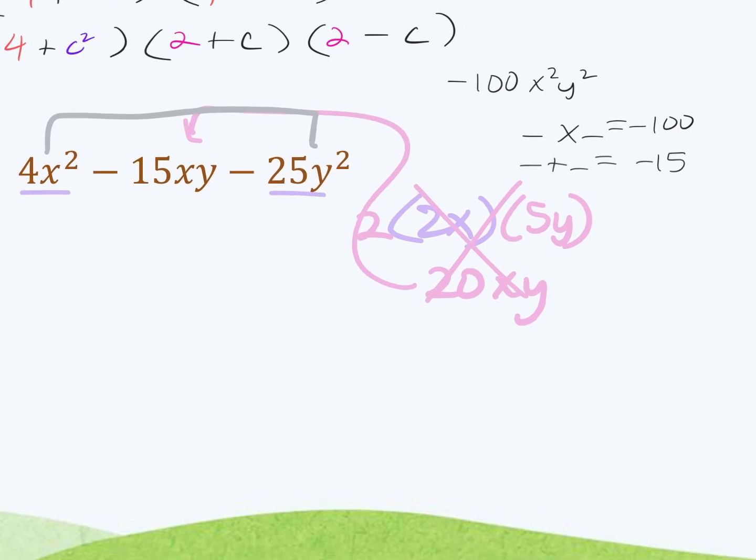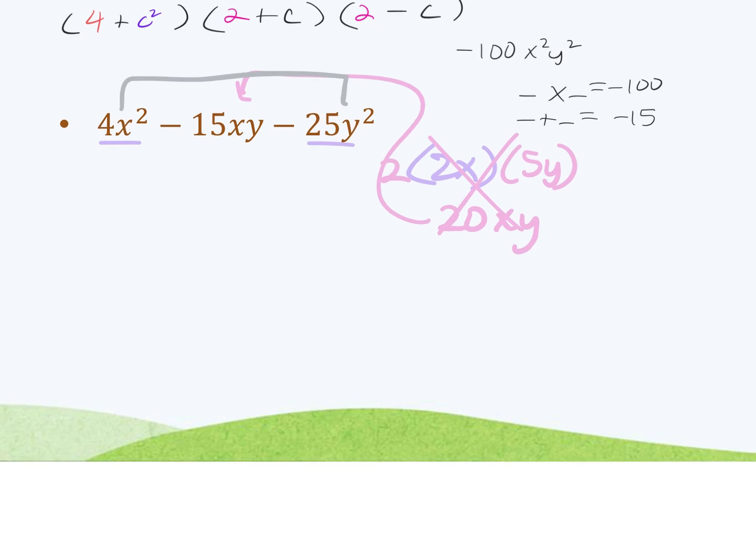So once I start listing my factors of 100, I can do 1 and 50, and again, signs are different, and the bigger factor will be negative. 1 and 100, and 2 and 50. And then 3 doesn't work. 4 and 25 still doesn't work. I'm trying to get 15. And then now finally, 5 times negative 20 will work.